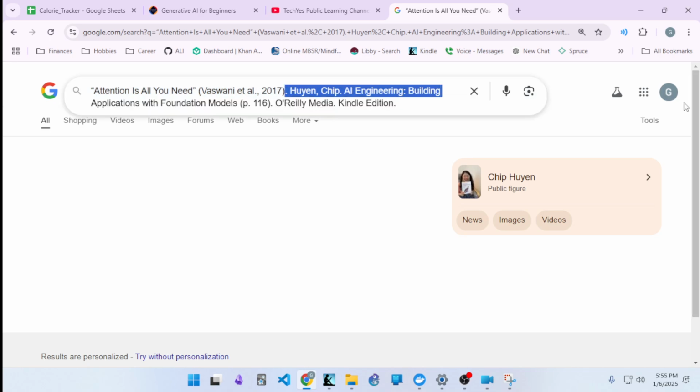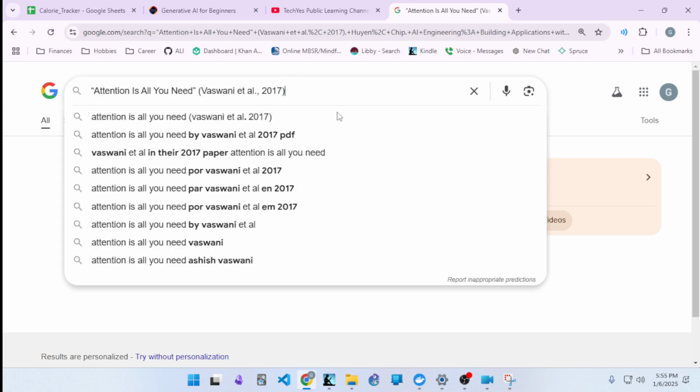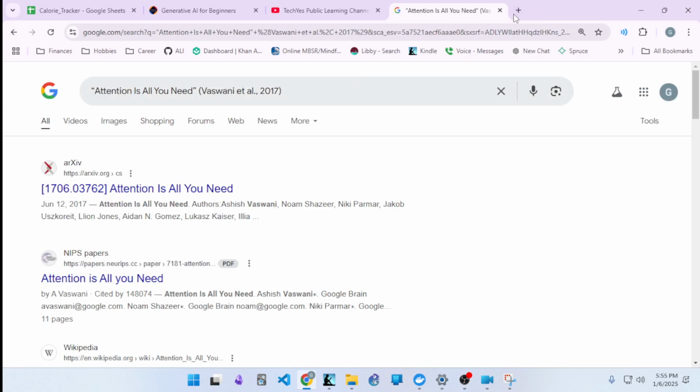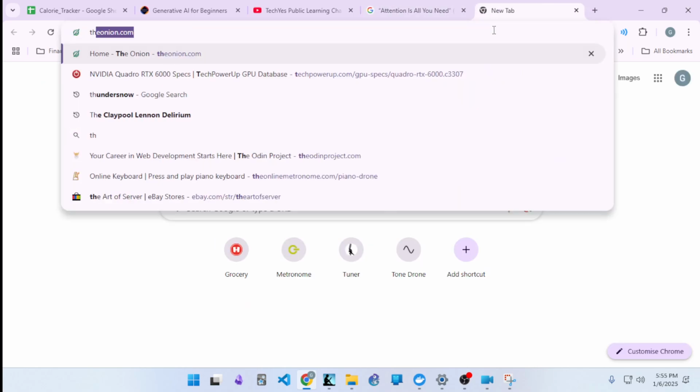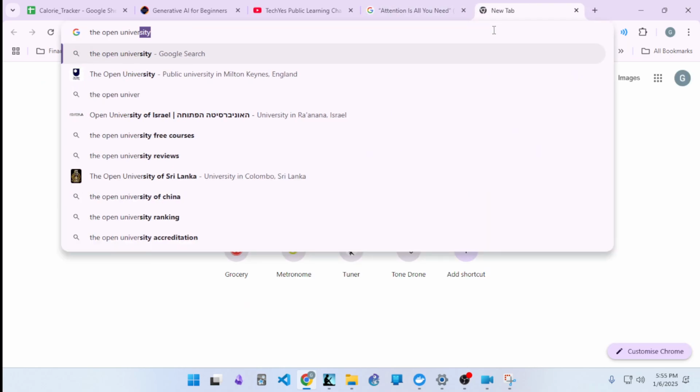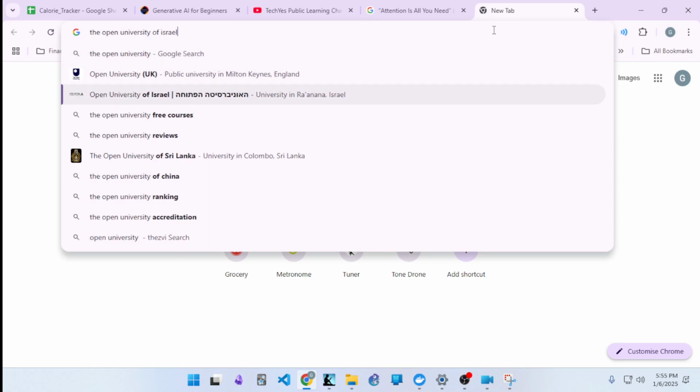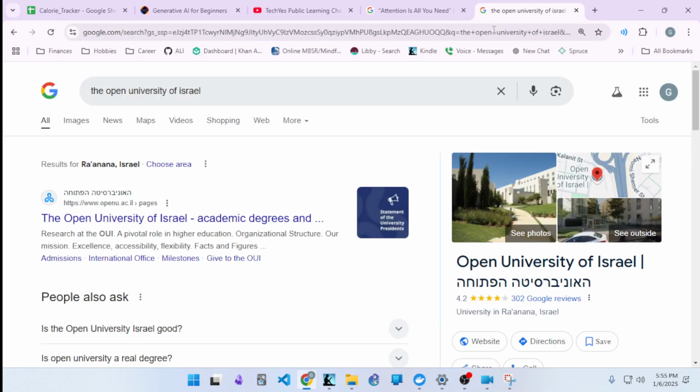And the great thing about this, and probably one of the main reasons why this science is advancing at such a high rate, is the open nature of every aspect of this. Like Ilya Sutskever went to the Open University in Israel, and he went there because he wanted to go to college when he was 13.